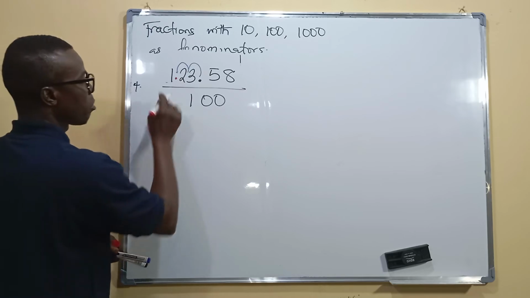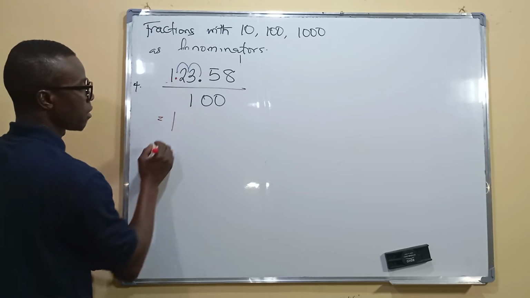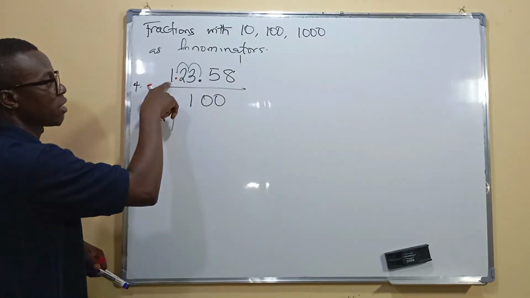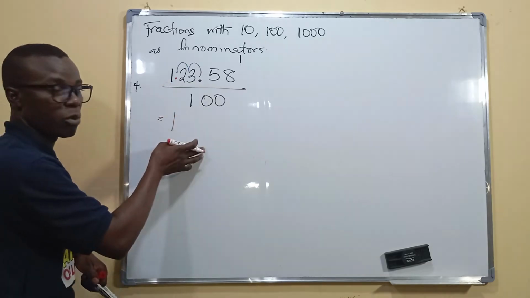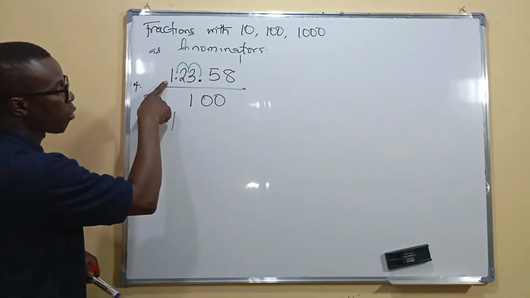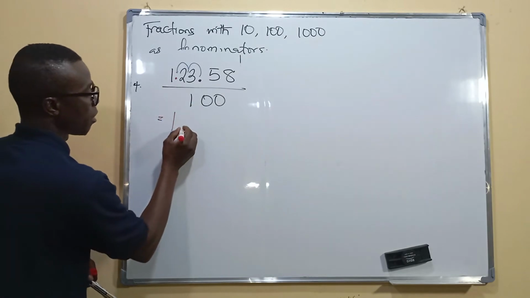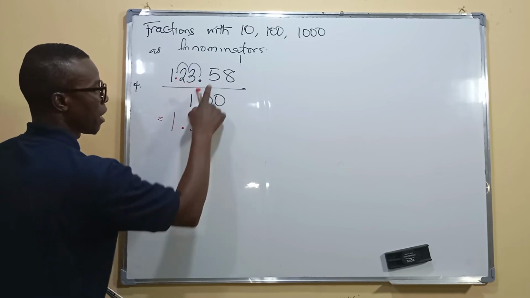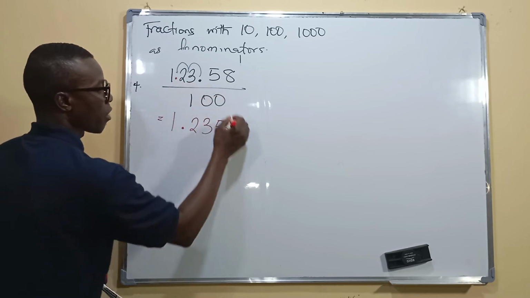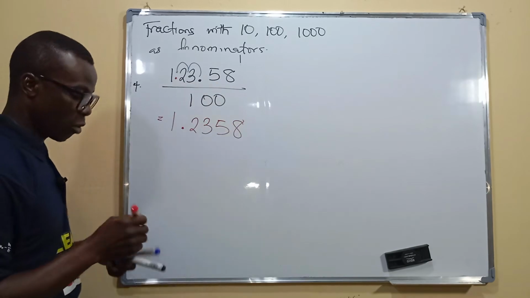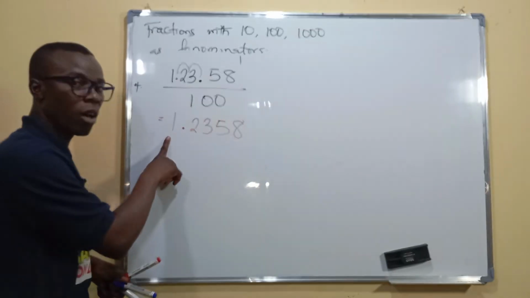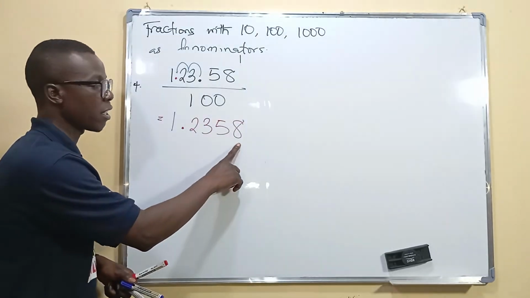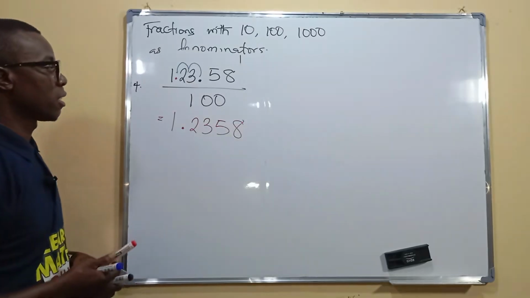To write that up, it becomes 1, and we fill with 0 only where we don't have a digit. So we have 1, then the point, then 2, 3, 5, and 8. So how do I call this out? That is 1.2358. That's how I call this number.